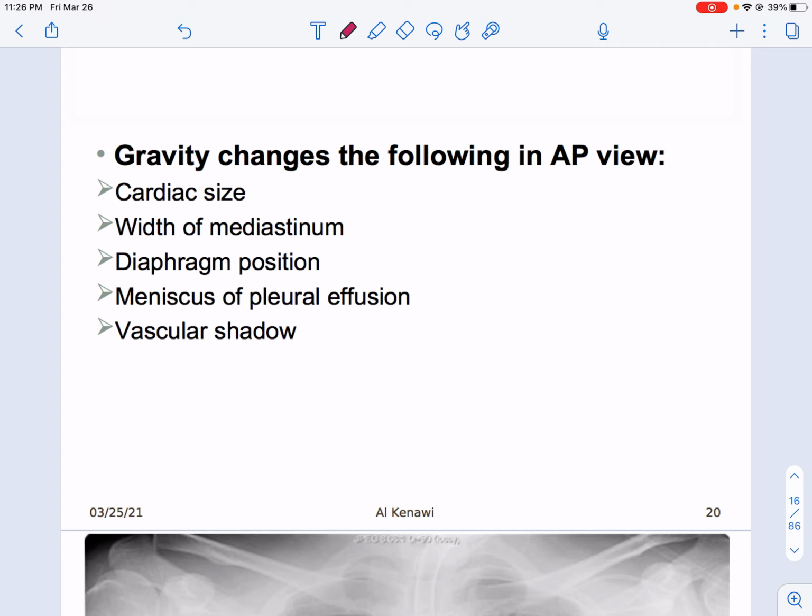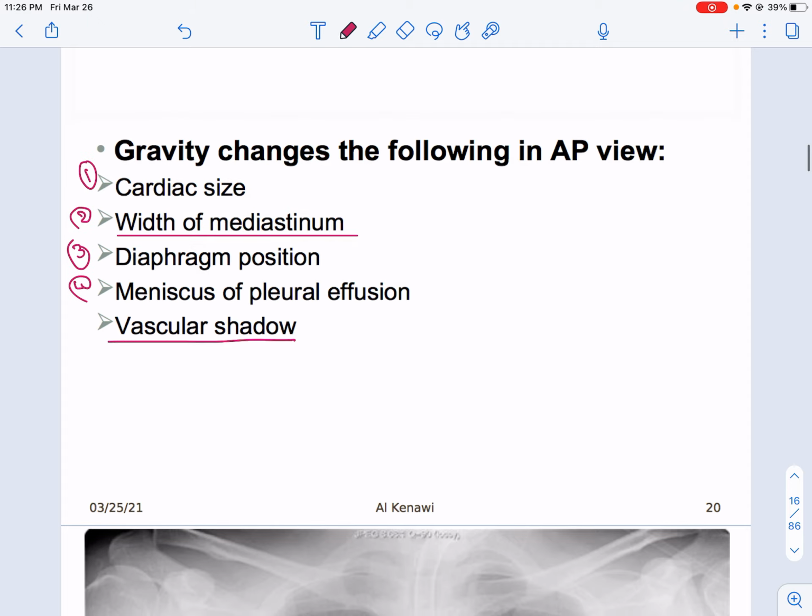What is the difference between both of these views? We're going to assess the cardiac size, whether it is different or not, and whether the width of the mediastinum is affected or not, the diaphragm position, the meniscus of the pleural effusion, and the vascular shadow.